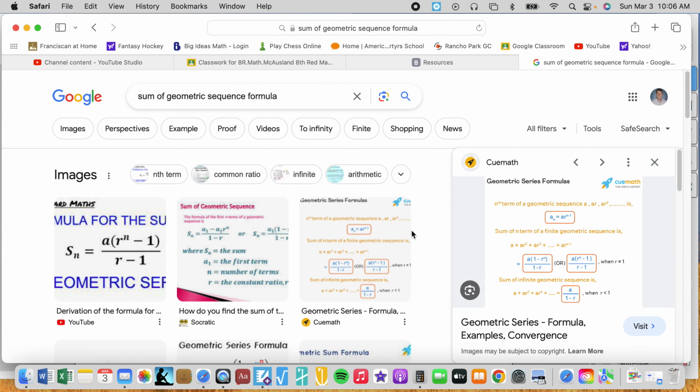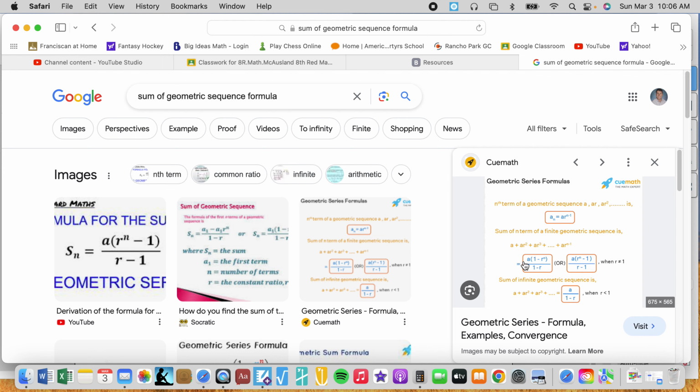Here we go. Nth term, I know that. Sum of it equals. What is A? I don't understand what A equals. A is my first term.